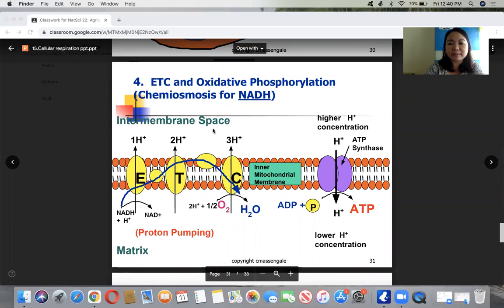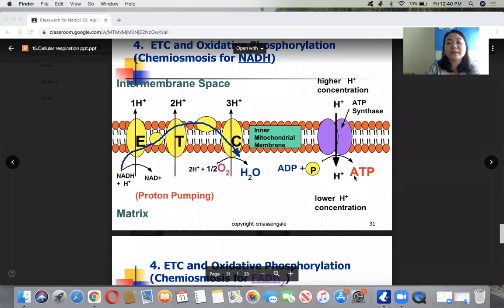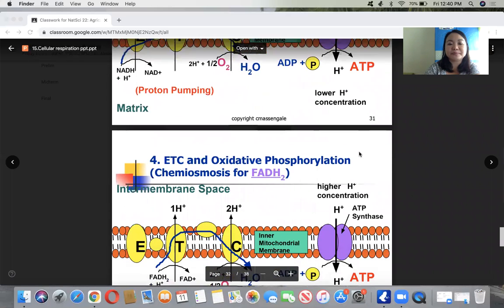Inside the intermembrane space, this is the proton pumping in the inner mitochondrial membrane, with higher hydrogen ion concentration and lower hydrogen concentration for the production of ATP from ADP.